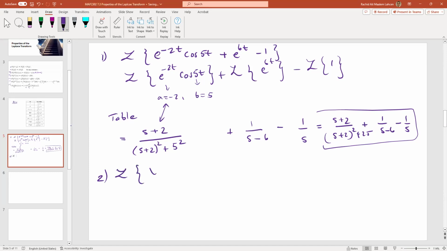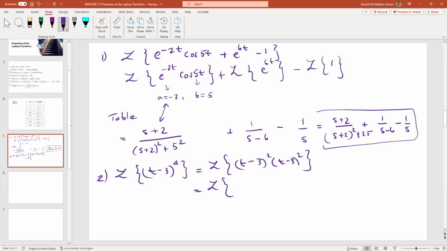All right, so if you run into something like this, you want to see what options you have. Do I have something in the table that does this? Probably not. If I don't, then I will switch it back to its component or its factors, then FOIL and all that.